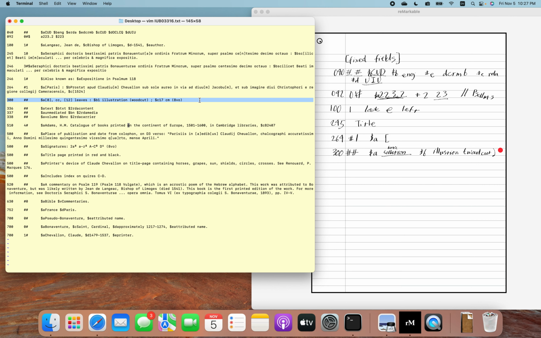Then we do this C, which tells us how tall it is and what the format is, and it is an octavo. We don't use a period because we already have terminal punctuation, which is that closed parenthesis. One thing that's important is we use space, comma, space, and space, semicolon, space as punctuation here.